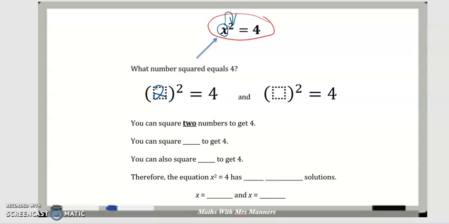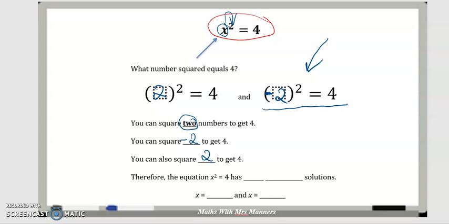So why do I have another expression over here where there's another number that I can square to get 4? Can you think of another number that you can square but you'll also get 4? We know that 2 squared is 4. What's the other number? Well, the other number is going to be the negative case. It's going to be negative 2. So you can square minus 2 to get 4, and you can square 2 to get 4.